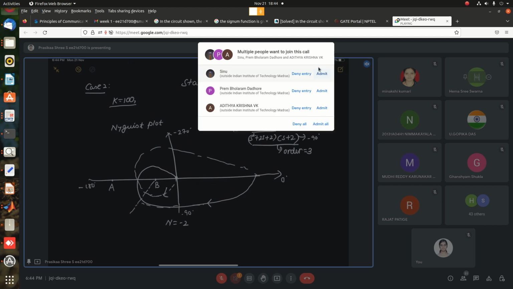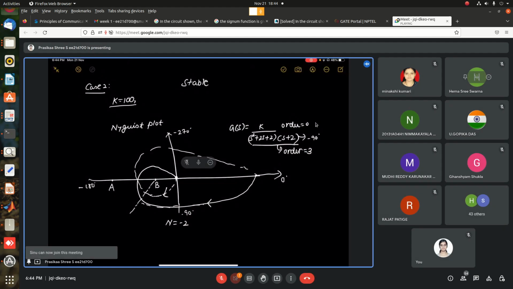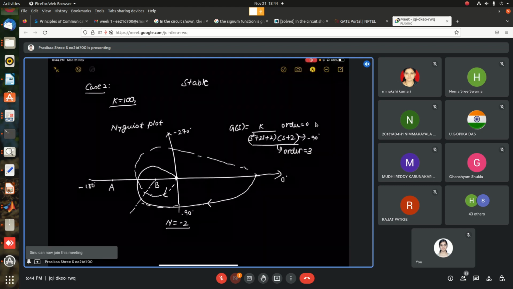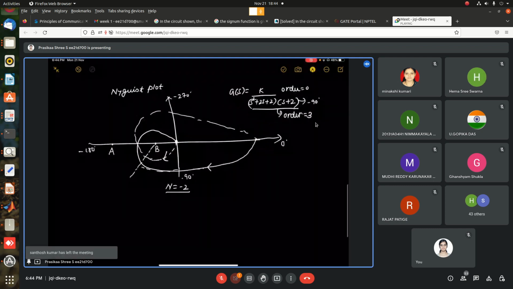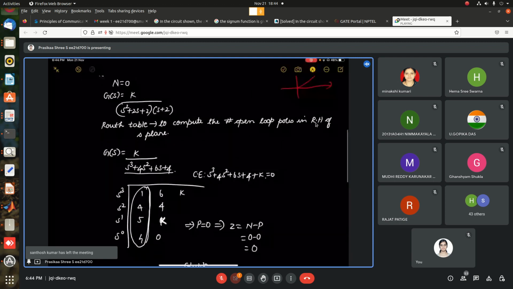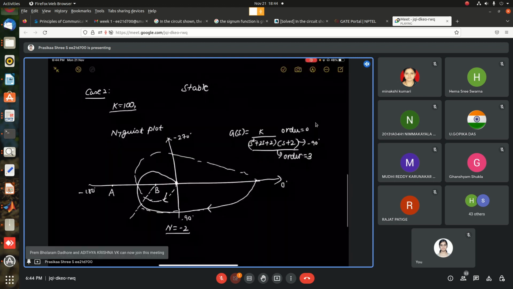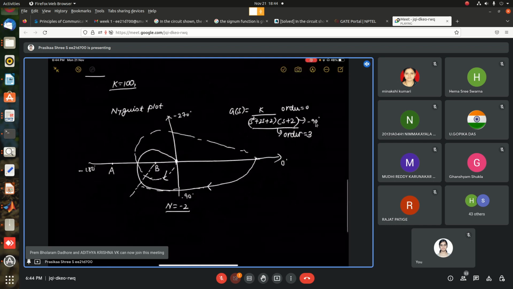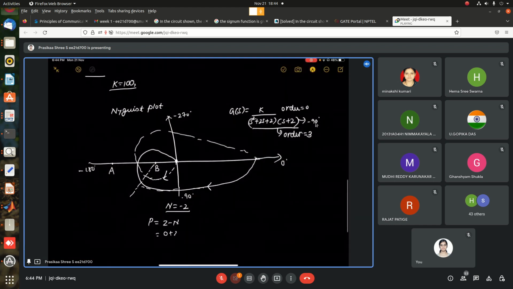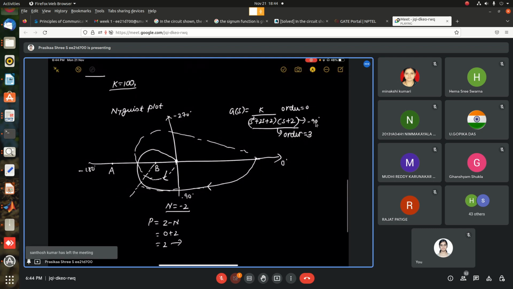So n is equal to -2. Open loop transfer function, it is same. Still, we have 0 open loop poles in the right half of S. So using the principle of argument, we get 0 plus 2, which is equal to 2, which means there are 2 closed loop poles in the right half of S plane.